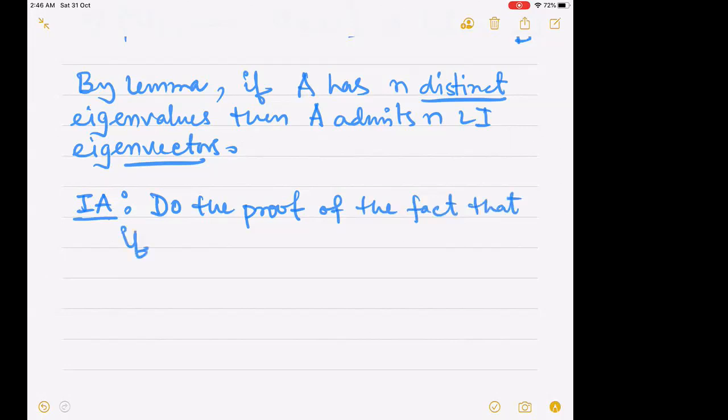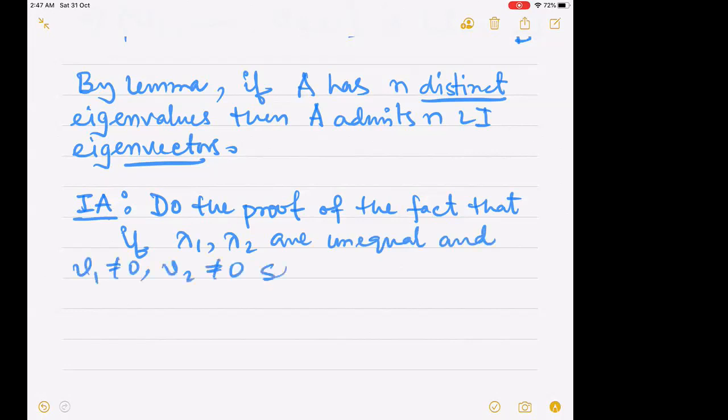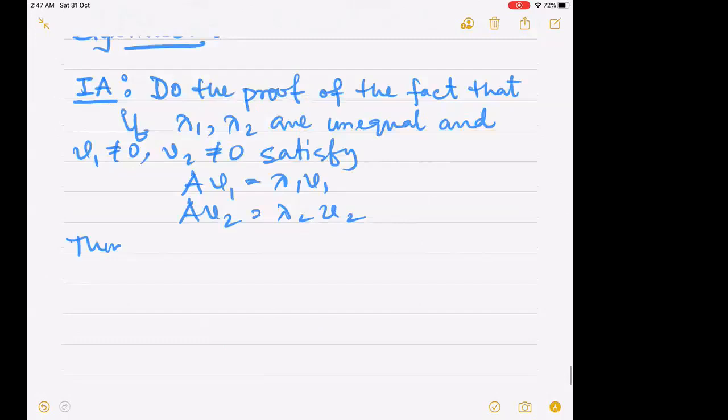of the fact that if lambda 1, lambda 2 are unequal, that is they are distinct, and v1 not equal to 0, v2 not equal to 0 satisfy A v1 equals lambda 1 v1 and A v2 equals lambda 2 v2, then the set v1, v2 is linearly independent.